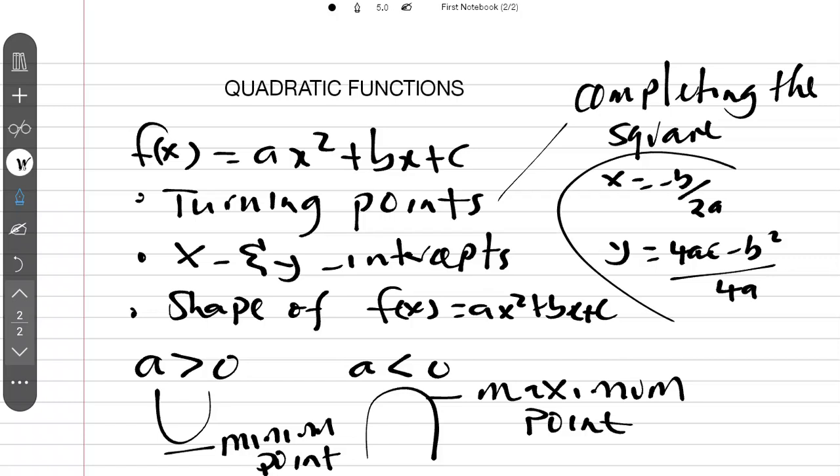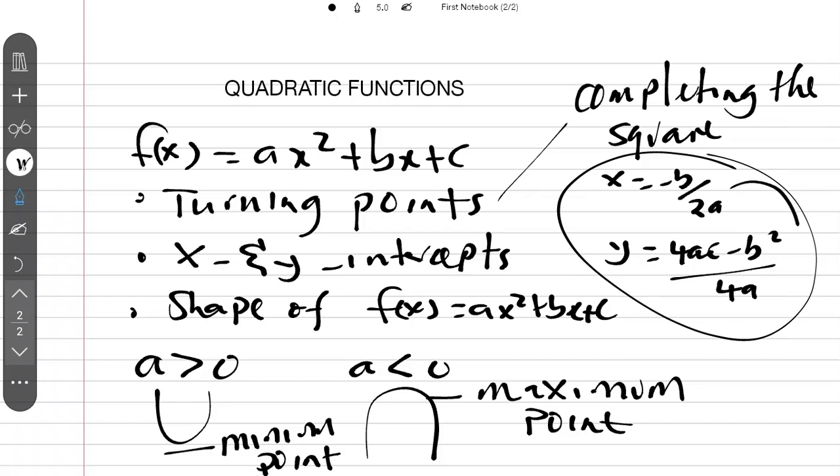These two values make up what is known as the turning point for a quadratic function. So you can complete the square, or you can use those two formulas to find the value of x and the value of y.